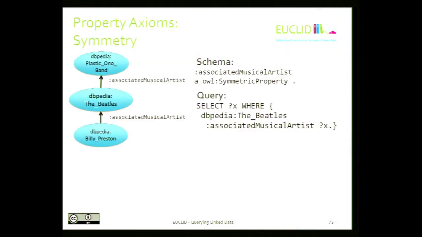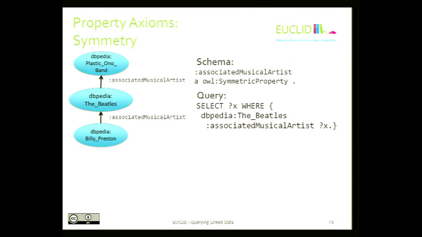So to give some examples, symmetry says that if a property holds between some x and some y, then it must also hold the other way around. So it's what we were looking for before when we said, if Paul knows Ringo, then Ringo must know Paul. We could say that knows is a symmetric property.